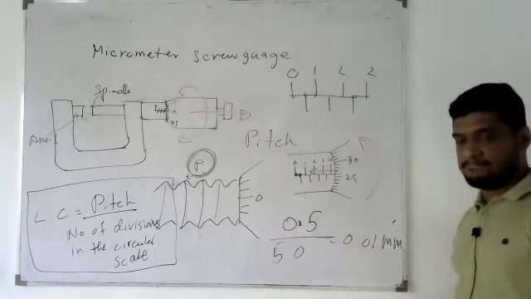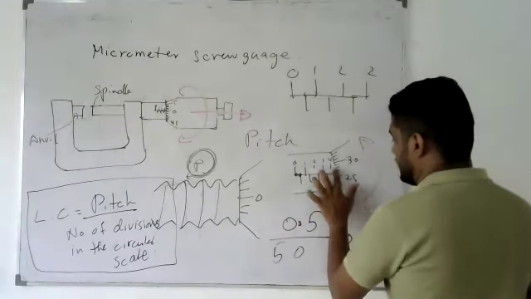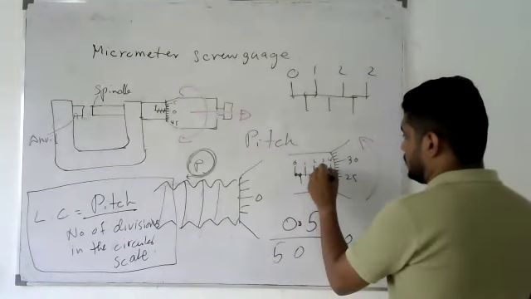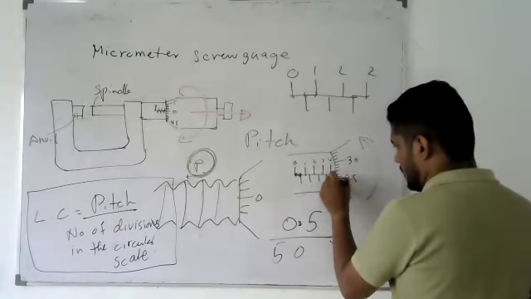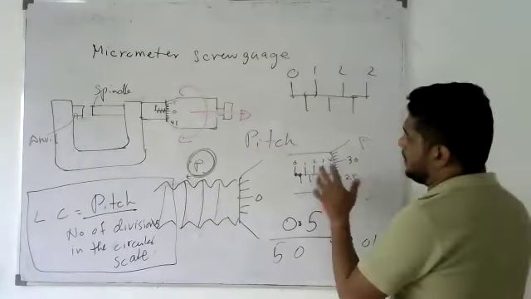So how can we get the reading? Again, that's very simple. First, you need to read the reading from the main scale.